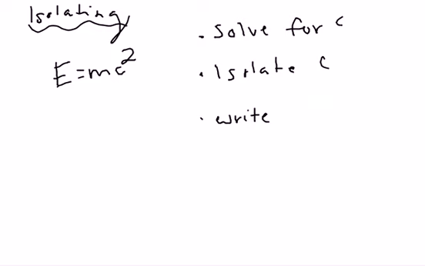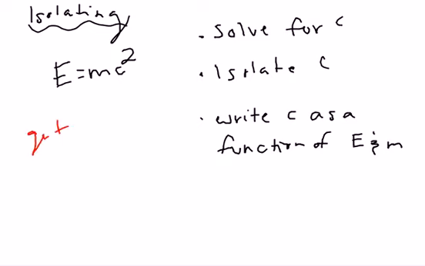Write the equation as a function of E and M, or write C as a function of E and M. All this is saying is that it wants you to get C by itself.